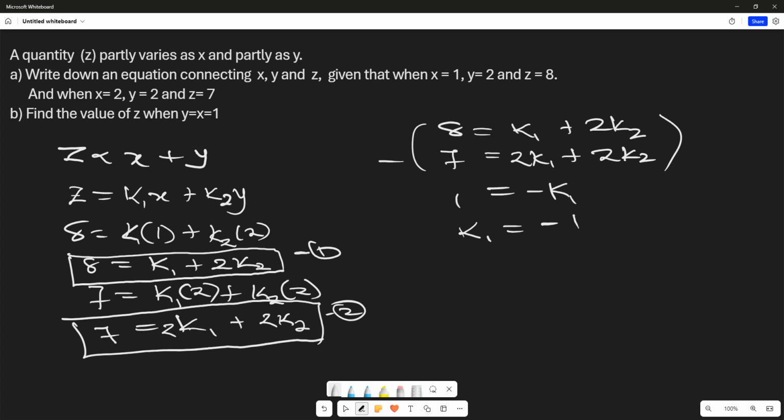Put that into the first equation. 8 is equal to negative 1 plus 2k2. And this one will cross over to become plus. So we get 9 is equal to 2k2. This implies our k2 is 9 over 2.